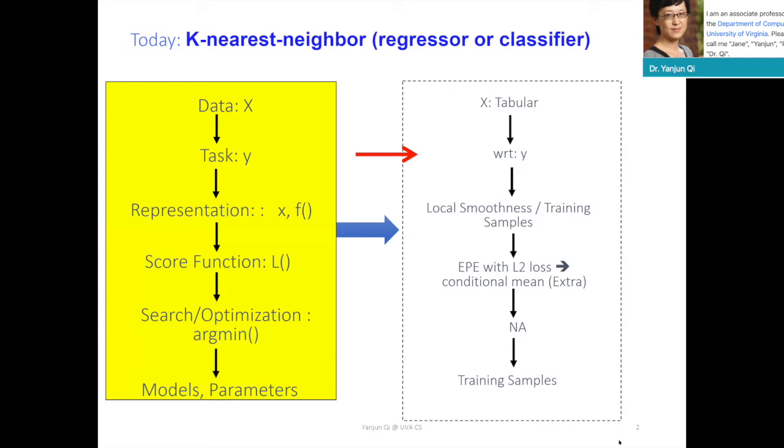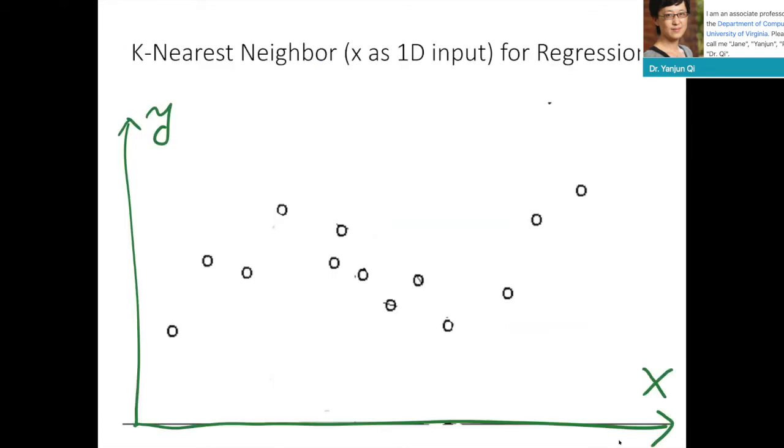All right, so let's use a concrete example to show you what a kNearestNeighbor regressor is. We are given this example, just a one-dimensional X input and a Y output. We actually had a very similar problem before, and we solved it using an RBF-based regression model.